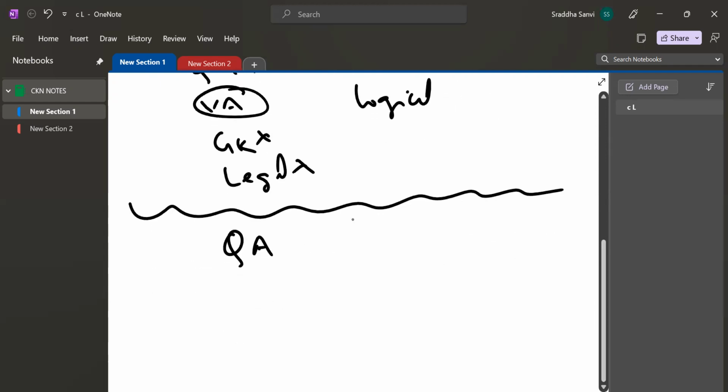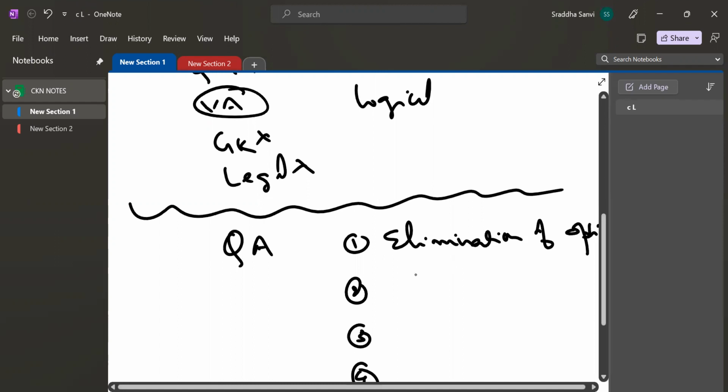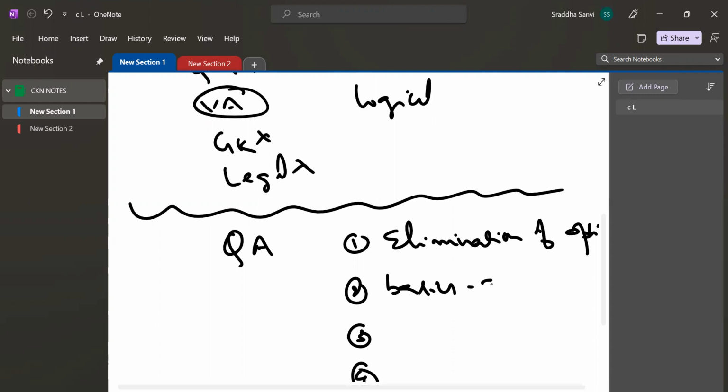The kind of questions we are getting in math, I divide them into four categories basically. Category one, problems based on elimination of options. Category two, basics and applications.